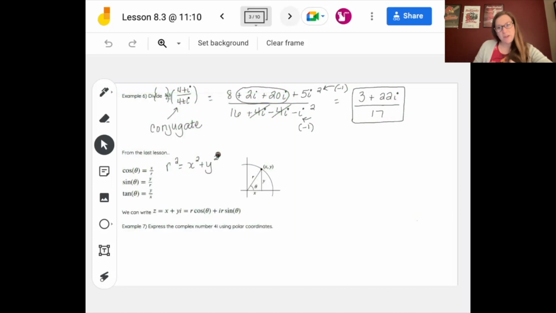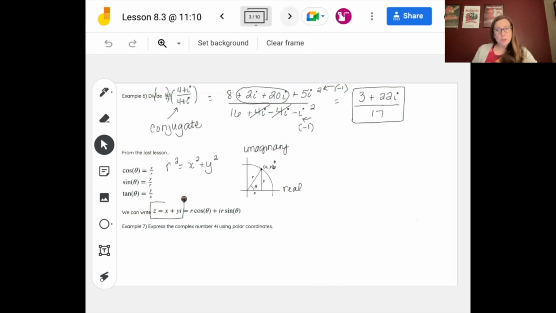But now the only thing we've done differently is when we're talking about complex numbers, we know that the x value is our real number system and the y value is our imaginary system. So I now am placing an i with my y portion. So that's where I'm getting z is equal to x plus yi.